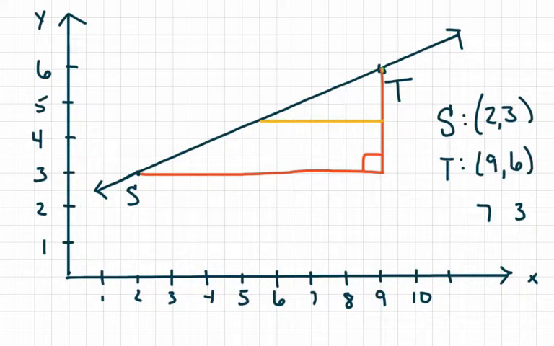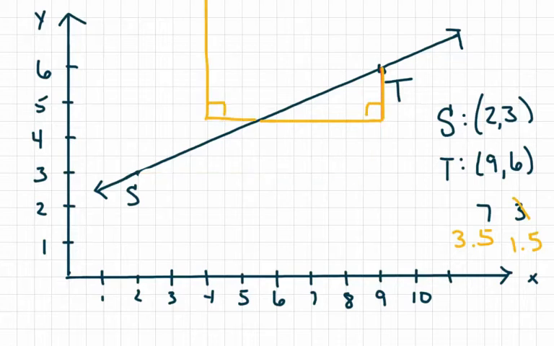So instead of the y change of 3, I'm going to have 1.5. And instead of 7, I have 3.5. Okay, so I'm going to use the yellow triangle instead of the red.